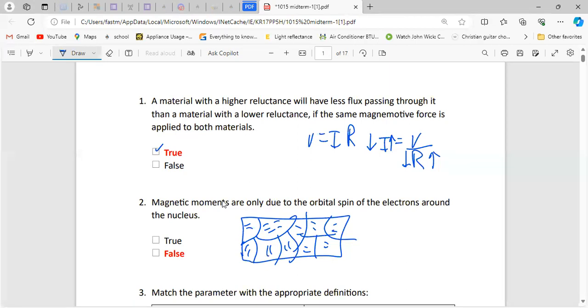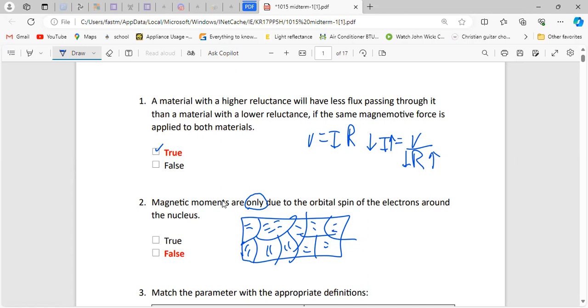So it isn't only caused by the orbital spin of the electrons. It could be caused by the magnetic field, and other external or internal factors. The key word here that spells it out is "only." Anytime you're doing a multiple choice exam, the word "only" is a very strong word to use.